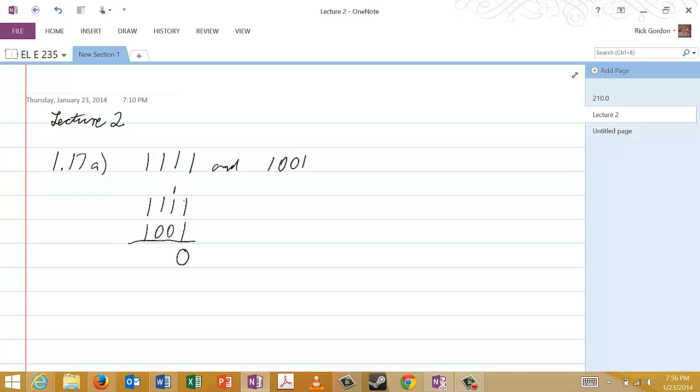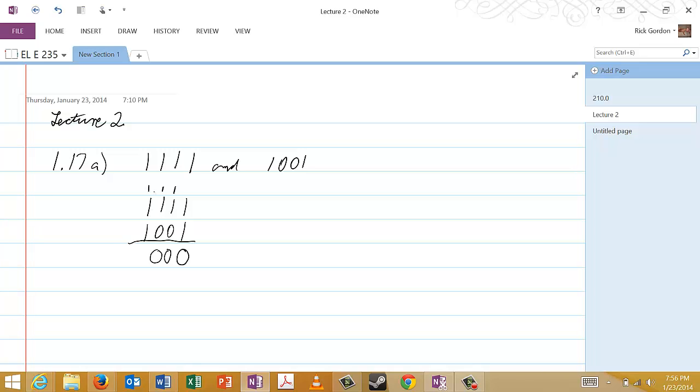Then we move left and look in the next column, and we have 1 and 0, and once again that's 2, so we write down a 0 and carry 1 there as well. When we move left one more column, we have 1 and 0 is again 2, so we write down a 0 and carry 1.